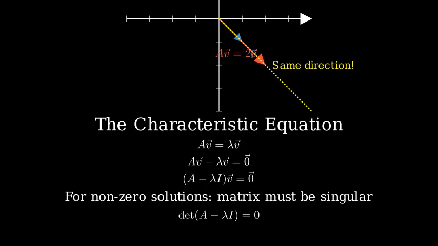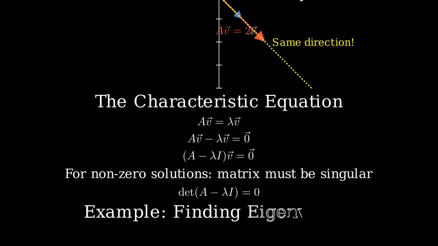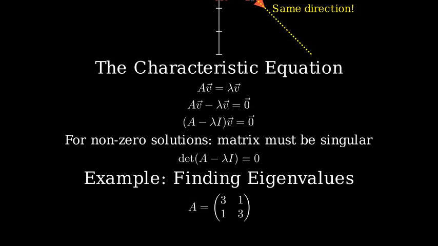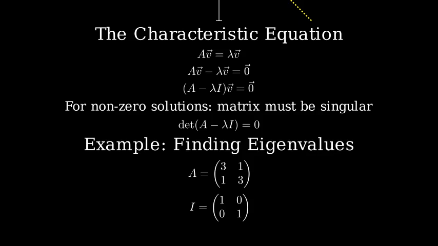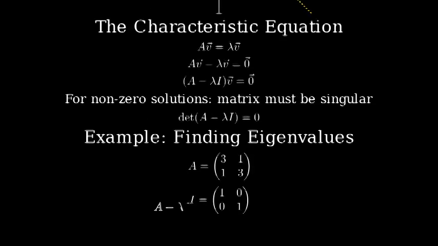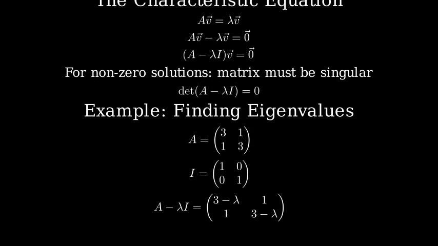Let's work through an example to find eigenvalues and eigenvectors. Consider the matrix A equals [3, 1; 1, 3]. The identity matrix I of the same size is [1, 0; 0, 1]. So A minus lambda I equals [3 minus lambda, 1; 1, 3 minus lambda].